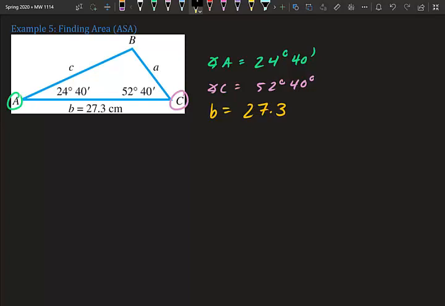That means we need 2 sides. So we're missing a side. Anytime you're missing a side and you have 2 angles, find the missing angle. So you see how we're given 2 angles? Find the missing angle.